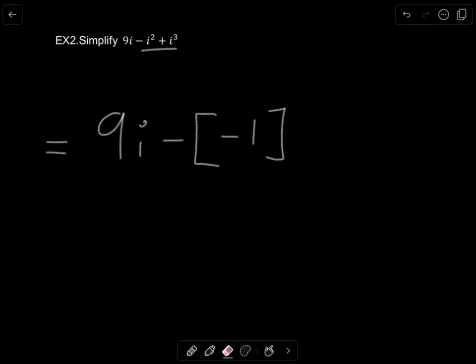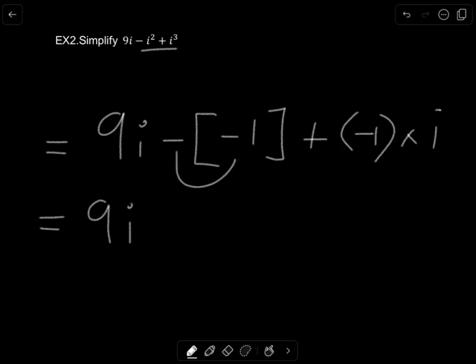So it's 9i minus minus 1, and then we have plus i cubed. Okay, but we know that i cubed is going to be i squared multiplied by i. And i squared, that is minus 1. So let's put that in brackets. So it's going to be 9i minus minus 1, that's plus 1. And then we have minus 1 times i, that's minus i.